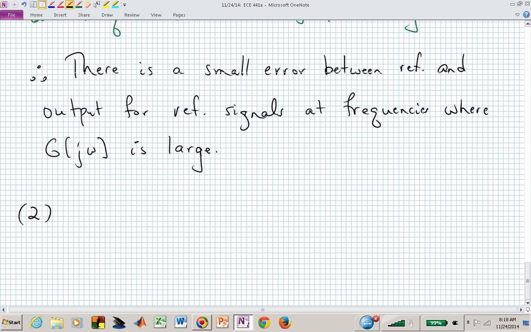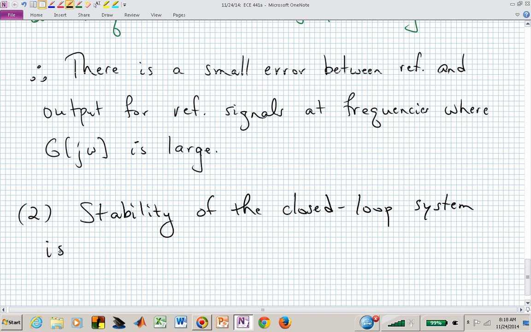That's looking at G of j omega. But we are going to be able to infer something about stability, or the closeness of stability. So the stability of the closed loop is governed, as we've learned this semester, by the denominator, which is 1 plus G of S.